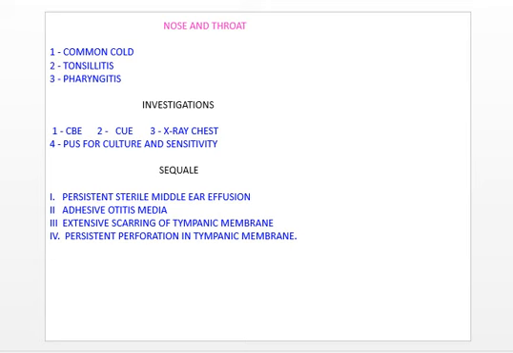X-ray chest is a routine baseline investigation which may not be that beneficial in this condition, but pus for culture and sensitivity can be a good test for proper treatment of this condition. The pus which comes out, if it is sent for culture and sensitivity to know exactly the causative agent and also its sensitivity to antibiotics, that will be of help to us.